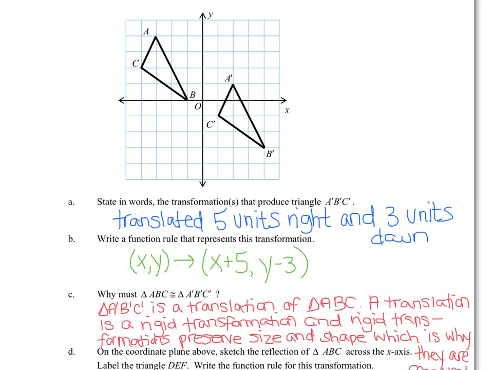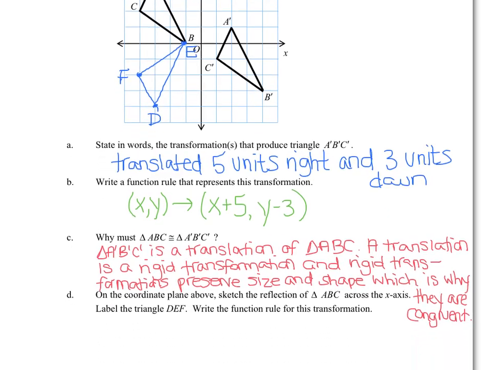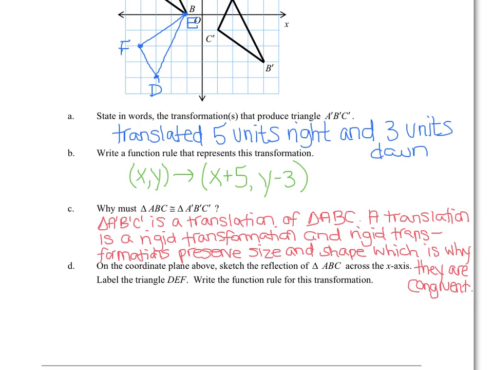So we're going to go a distance of 1, 2, 3, 4 below it, and that's going to be our D. B is on the x-axis, so that is going to map onto itself. That's going to be our E. And C is 2 units above, so F is going to be 2 units below. This is our triangle DEF, which is a reflection across the x-axis.